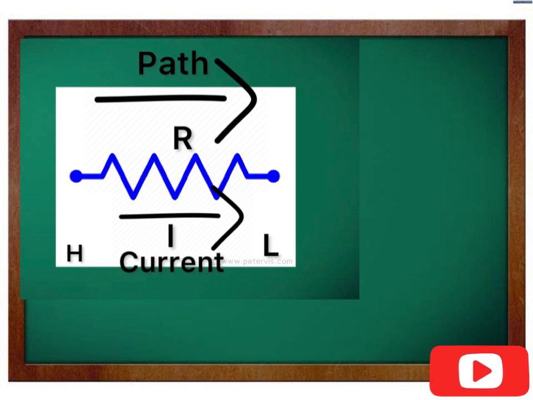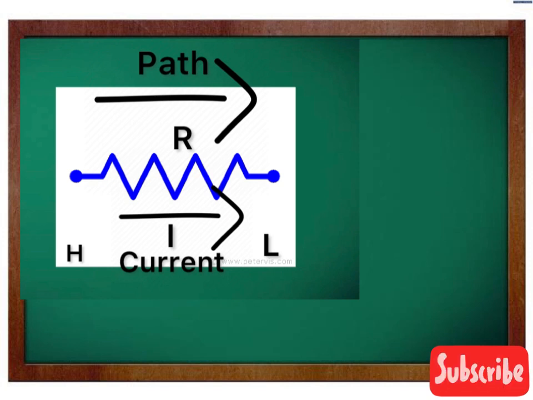This direction is from higher to lower. So wherever the current is going, you should mark it at the terminals of the resistance. Means the first terminal of the resistance will be higher, the next one will be lower. And you have selected the path as clockwise or anti-clockwise.